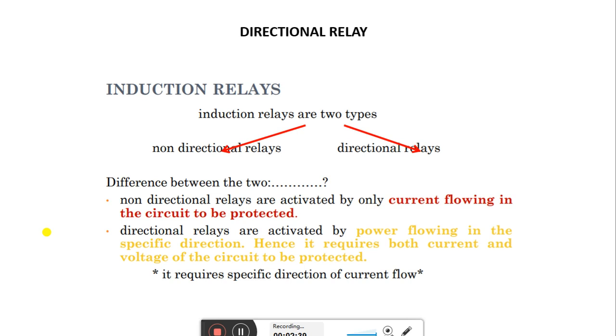However, non-directional relays will be activated if there is only current flowing in the circuit to be protected. So a directional relay requires a specific direction of current flow. That is the difference between directional and non-directional relays.